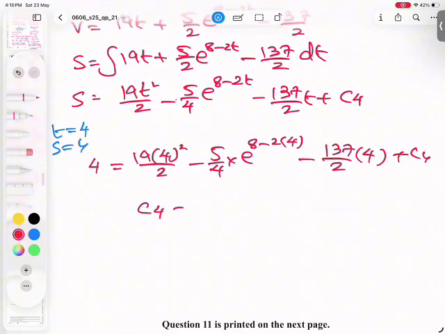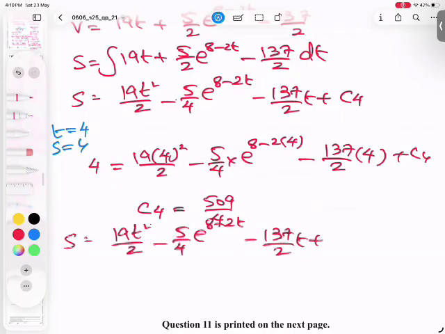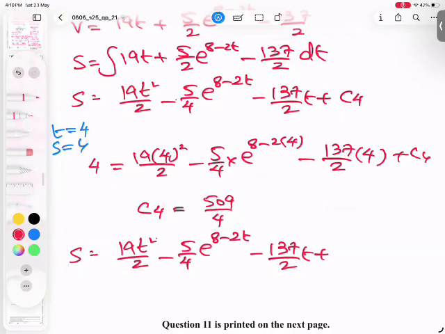I will just type all these values in the calculator and check properly. The answer is coming in fraction form, 509 over 4, which I'm going to copy back here. So plus 509 over 4.